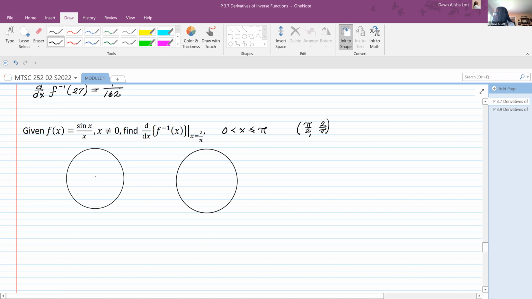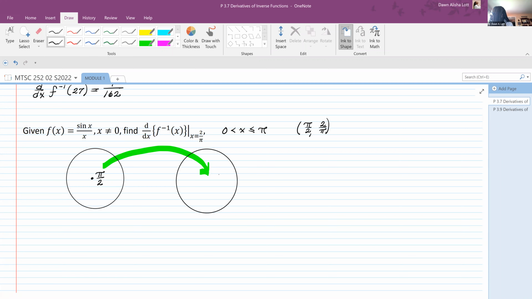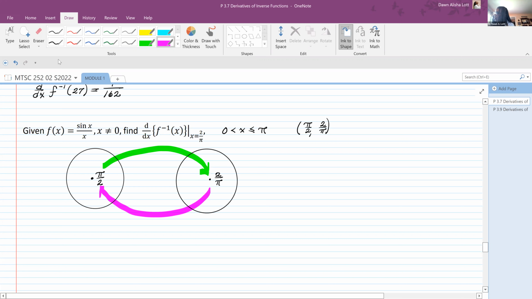So f picks up pi over 2 and takes it to 2 over pi. And then f inverse picks up 2 over pi and takes it back to pi over 2. So this is f, and this is f inverse.